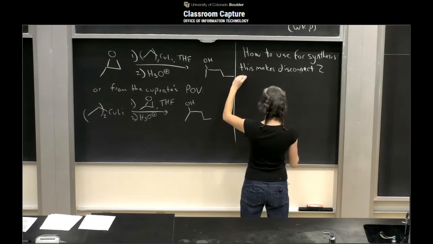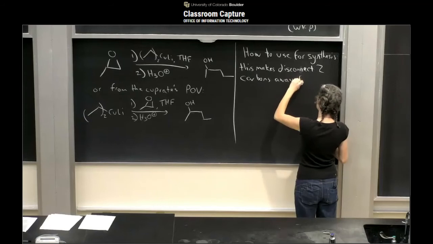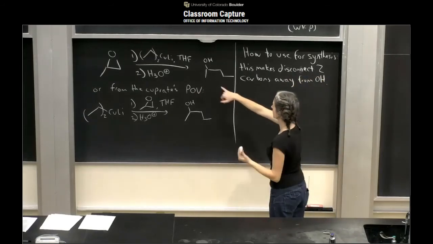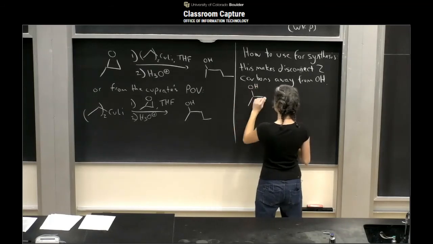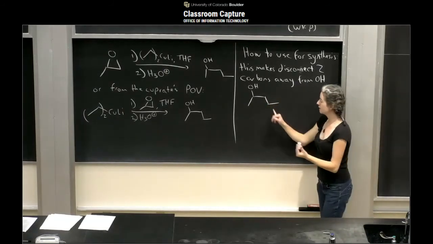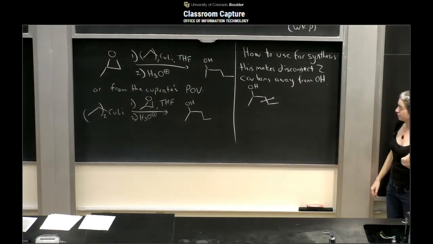So this makes a disconnect 2 carbons away from the OH group. So for example, in this reaction, say this product here, our disconnect was the bond that we made during the previous step.